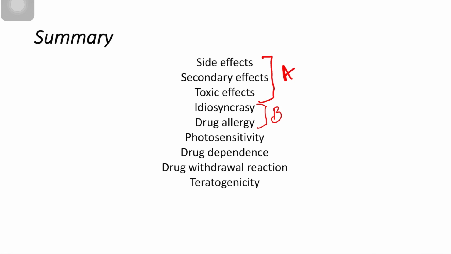What is teratogenicity? That is exposure of a pregnant female to drugs, which might lead to fetal malformations. Mutagenicity and carcinogenicity, development of genetic changes and cancers. Iatrogenic diseases, that is physician induced diseases.